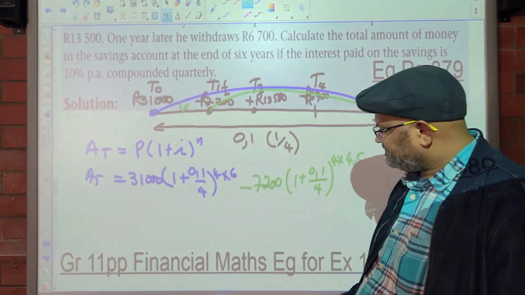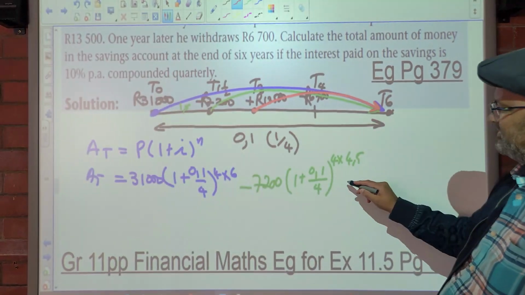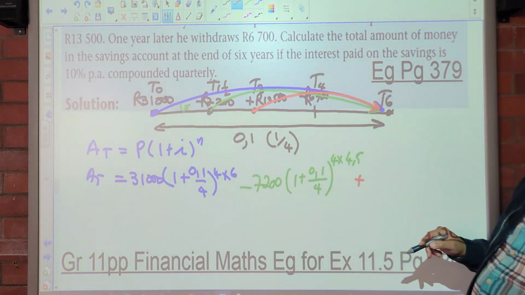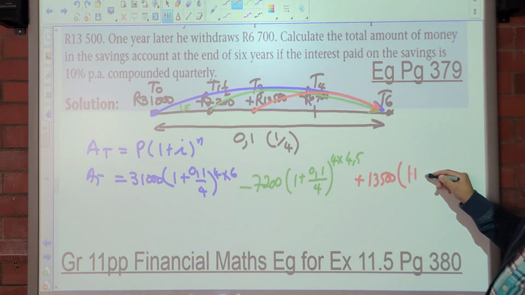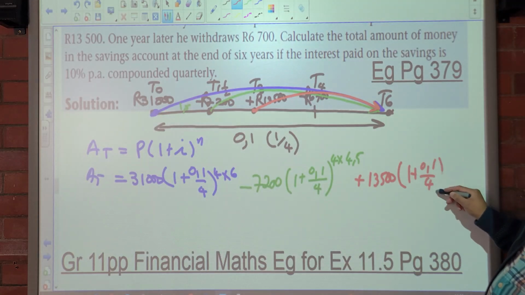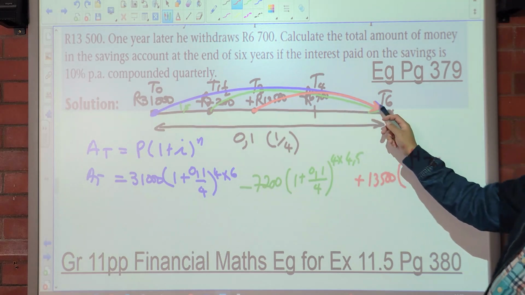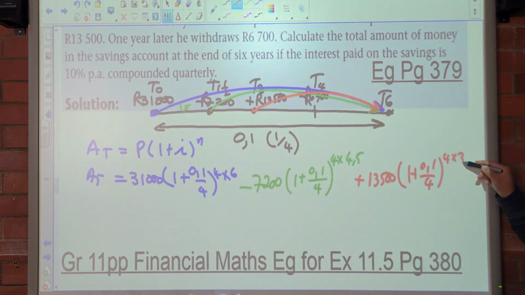Then what do we do? Then we plus what? 30,500 rand into 1 plus 0.1 over 4 to the exponent. How many years is that going to be for? 3, so it's 4 times 3 years. You guys understand?